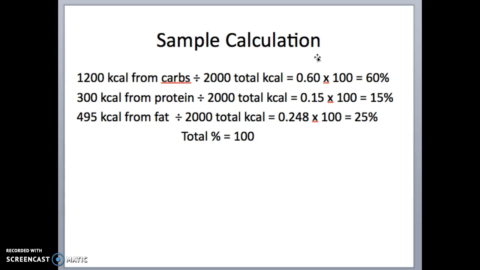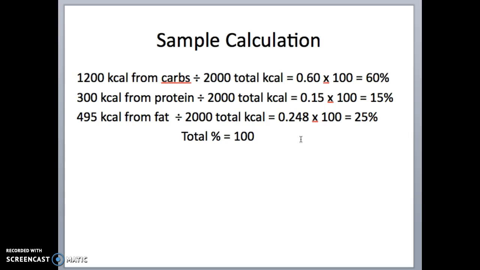So 0.6 times 100 is 60%. 300 calories from protein divided by 2,000 total calories, and I get 0.15 times 100, which is 15%. 495 calories from fat divided by 2,000 total calories, and I get 0.248 times 100, which is about 25%.